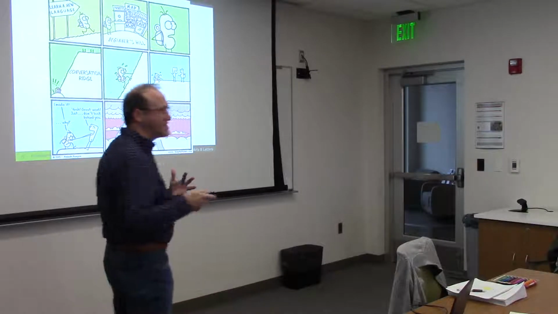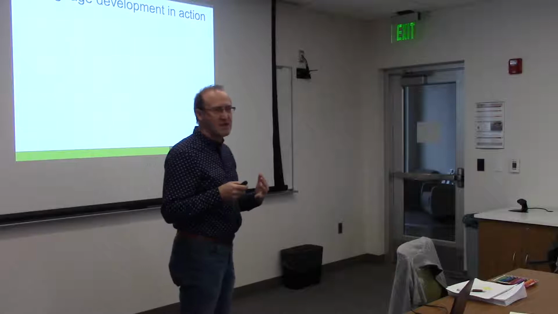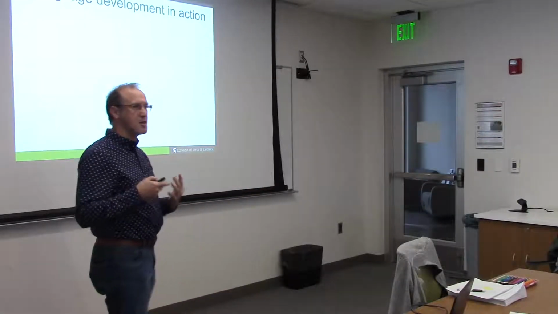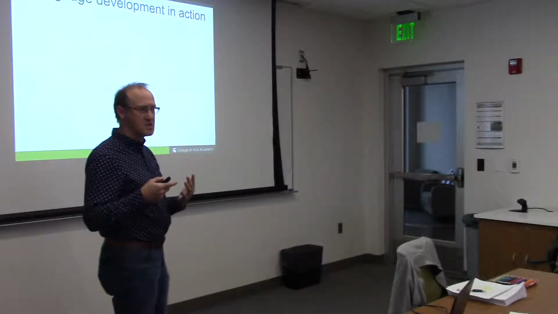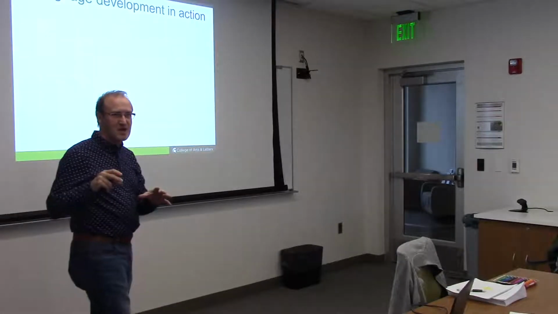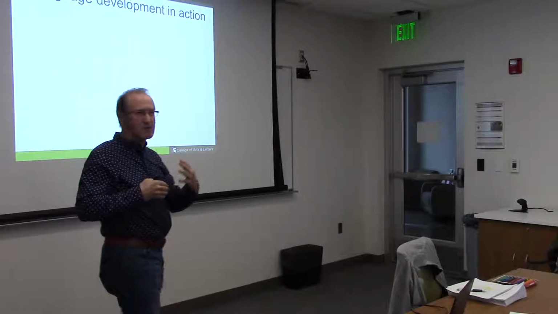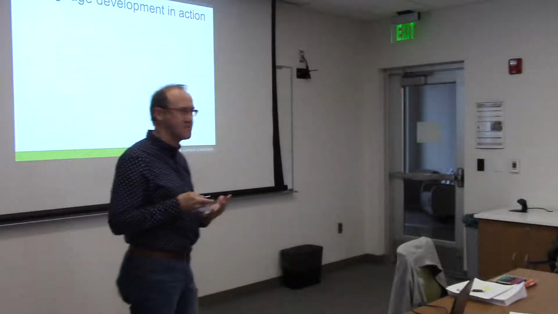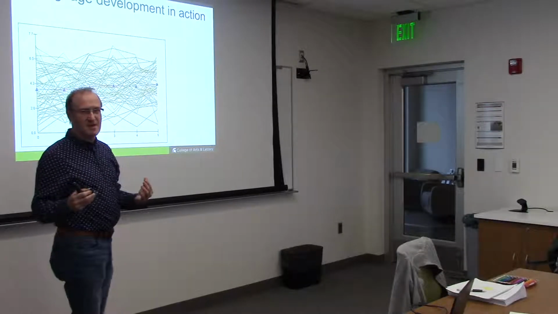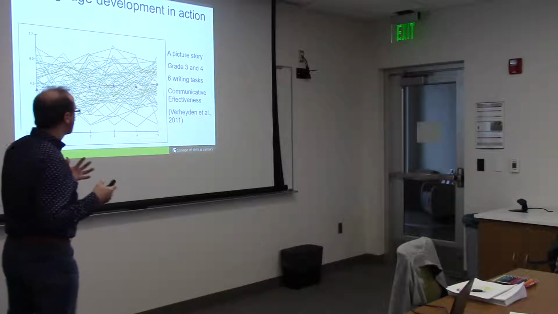But it doesn't only take time and effort, there's also something very unpredictable about it. A lot of the research going on now in language acquisition is from a dynamic complex systems theory perspective, which says that how language develops and grows is very unpredictable. One of my colleagues did nice research on writing, in grade 3 and 4.